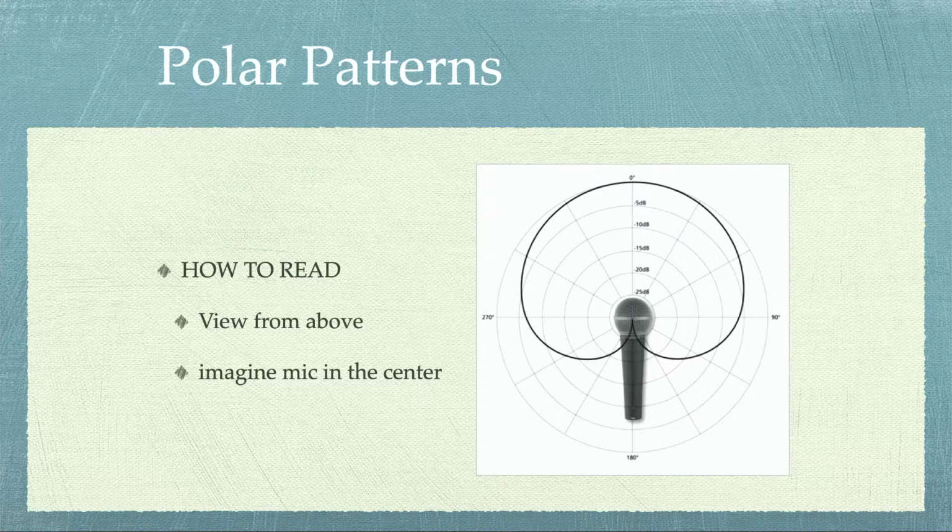In other words, if I stand in front of this microphone, I will come across the loudest if I am directly at the top of this graph, directly in front of the microphone. As I go around to the back side, the microphone picks up less sound, and I will be quieter if I go to the back side of this diagram. Okay? So that'll make sense as we move forward here.